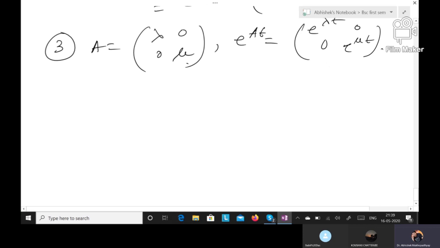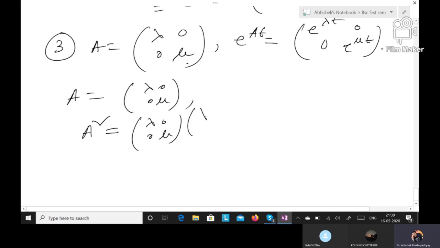So this one can be achieved by, so A is lambda 0, 0 mu. Then what is A square? Lambda 0, 0 mu times lambda 0, 0 mu. So this is lambda square 0, 0 mu square.